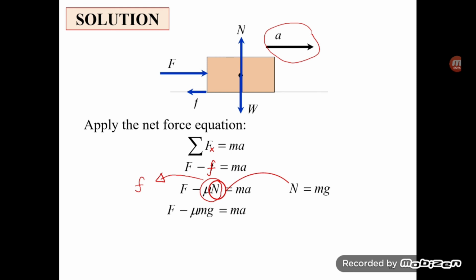So F minus mu mg equals ma. Substitute the values and we get the coefficient of friction 0.133. Coefficient of friction has no unit.